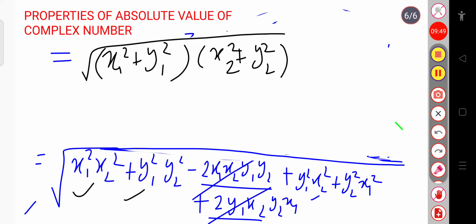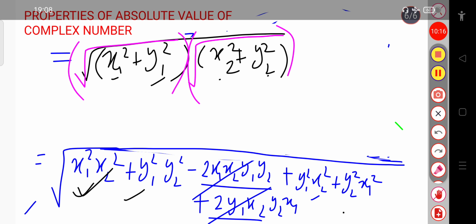If you split this, the first term is x1 square into x2 square, then y1 square into y2 square, plus y1 square into x2 square plus y2 square into x1 square. If we separate these two terms, I can write simply the root of this much into the root of this much.